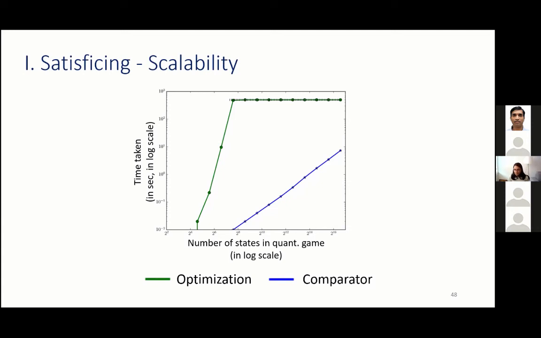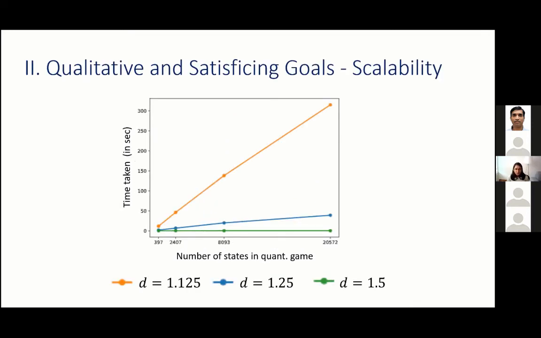I did not get into the complexity theoretic aspects of this, but this is not surprising. The linear time algorithm of comparators is also supported by the theoretical complexity analysis of the algorithm. And finally, when we combine qualitative and satisficing goals, we also saw similar linear trends in terms of runtime.